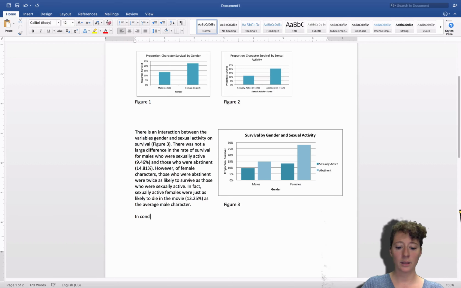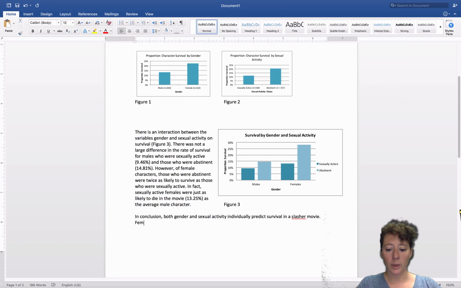In conclusion, both gender and sexual activity individually predict survival in a slasher movie. Slasher's not a word?